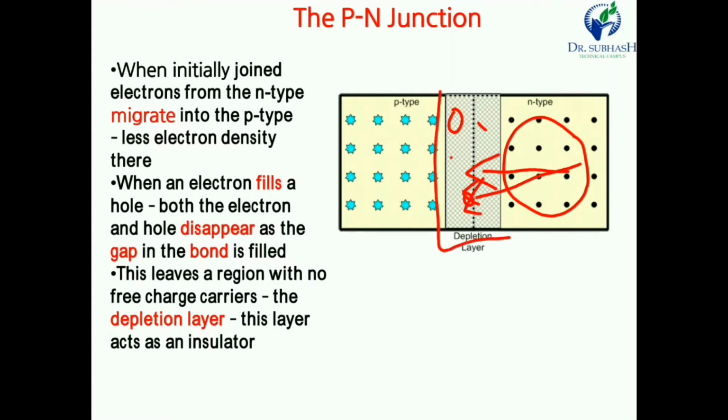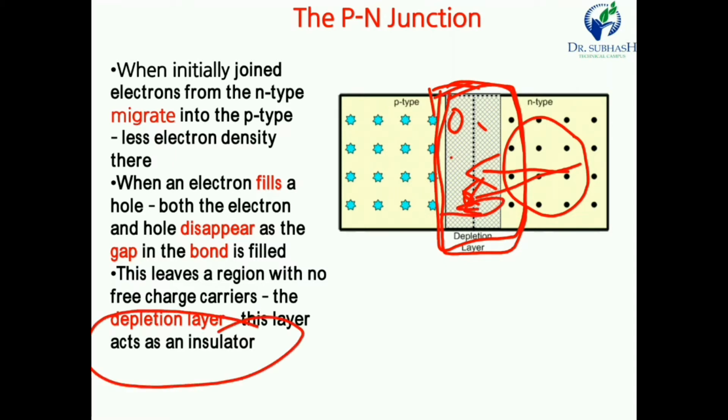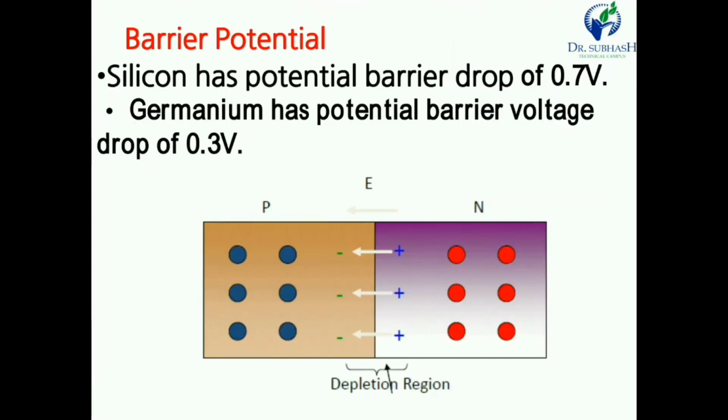In this region there is no free electron or hole, so it is electrically neutral, and electron and hole disappear because the ionization is completed. So this leaves the region without free charge carriers, and it is called the depletion layer region. There is no charge, so it works as an insulator. We can say this region acts as an insulator and does not allow any current to pass.